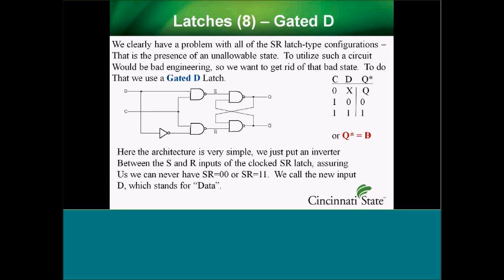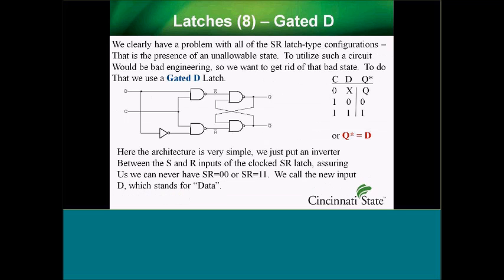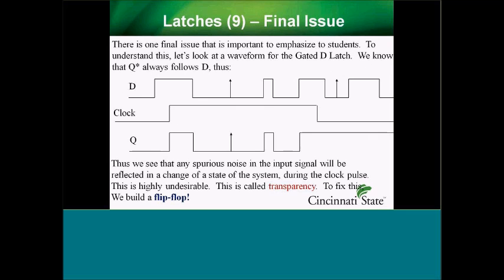There's one more final issue. We're not out of the woods quite yet. We just stated that Q always follows D. Whenever D changes, Q changes, as long as the clock is high. Well, let's look at the example here. Here's D, my data signal. But let's say every once in a while we get spurious noise, indicated by that arrow or delta function, whatever you want to call it.